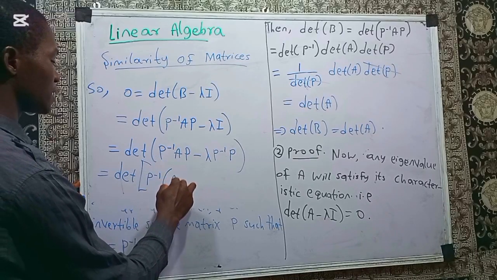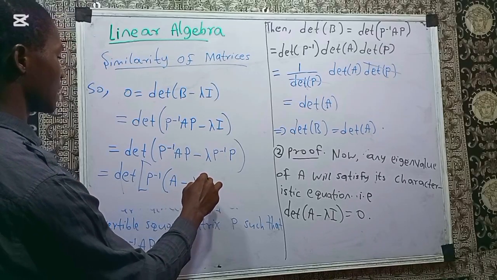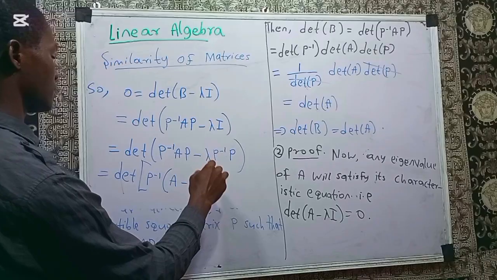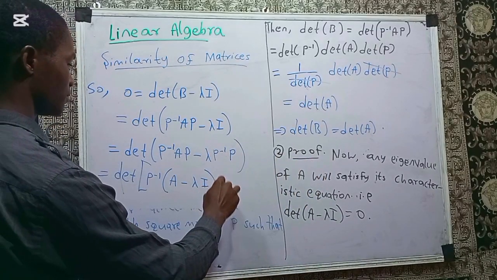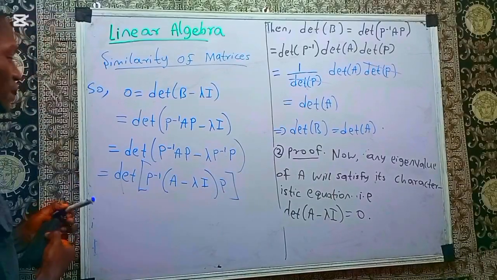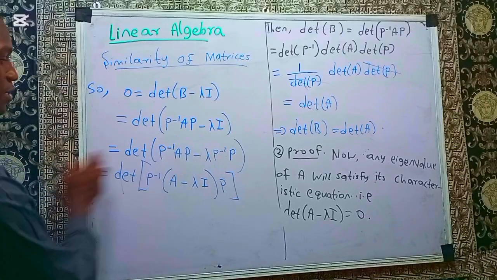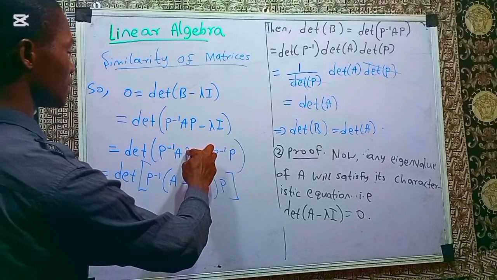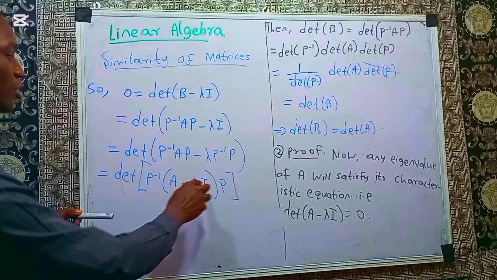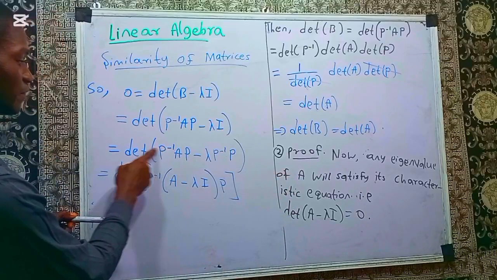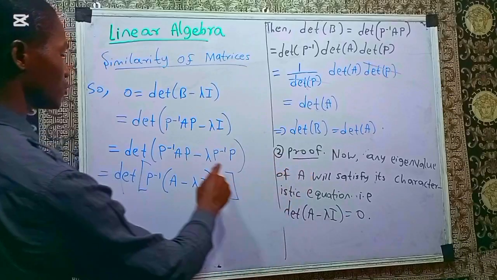What I will have now is A, then I have minus lambda I, then I'm factoring out P from the right, P. What I did is that I factor out P inverse from here, from the left, and I factor out P from here, from the right, right? If you factor out P here and factor out P inverse here, what will remain here is your matrix A.